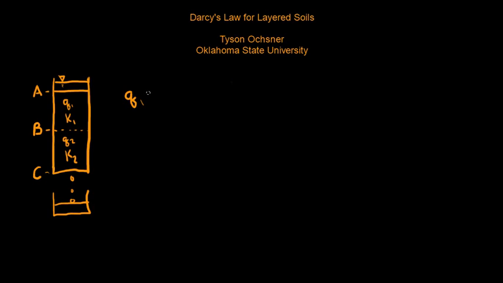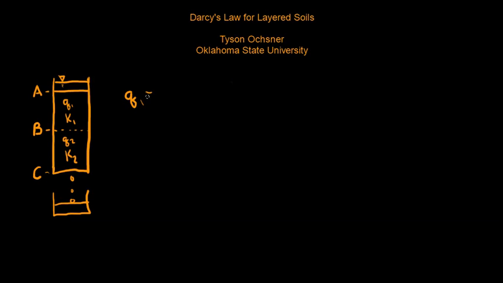and you might want to know the flux through the top layer of the soil, which is given by Darcy's law for the top layer of the soil, where Q is the soil water flux, Q1 here for the first layer, which is the volume per unit area per unit time.